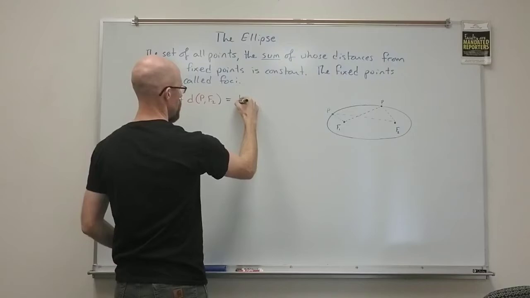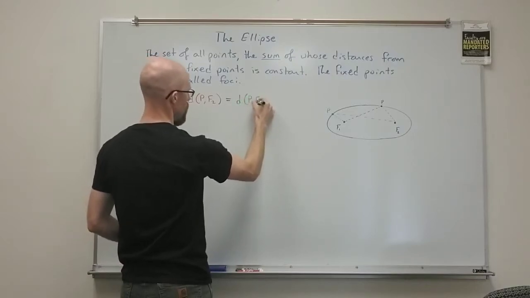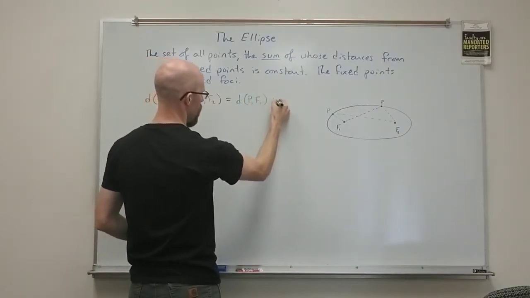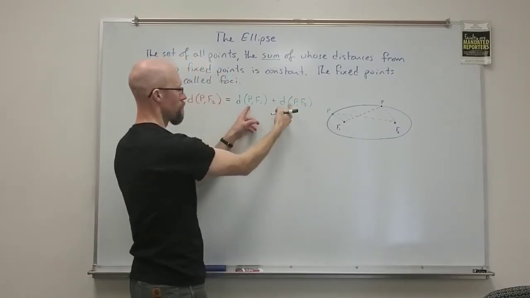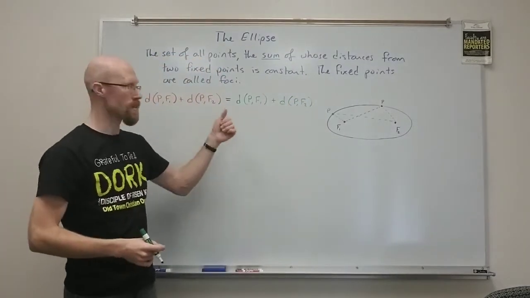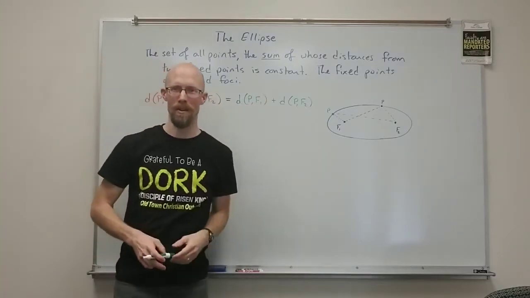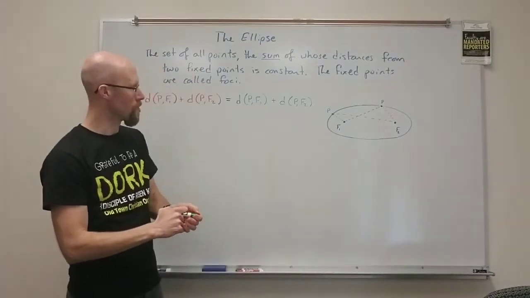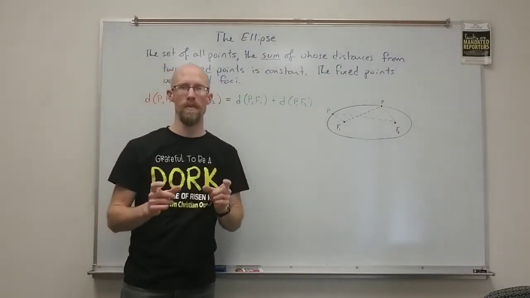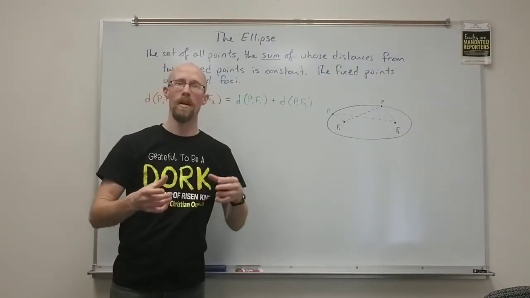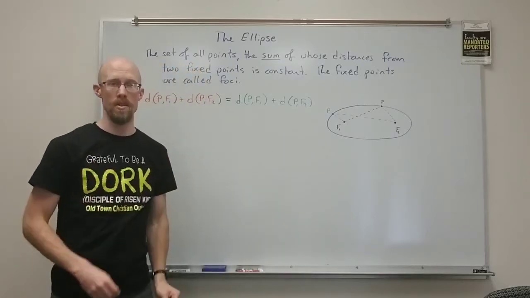Right, so d(P,F1) plus d(P,F2). Now the P's aren't the same. There's a red P and a green P, okay? And so those sums are the same, even though the individual distances may be different.